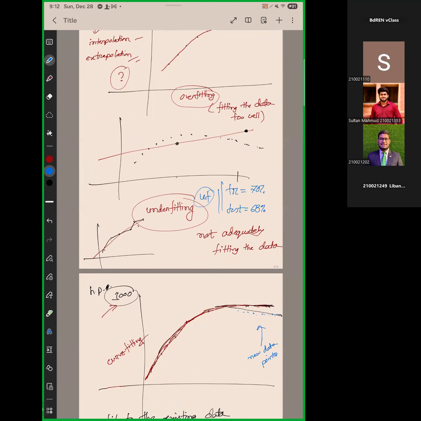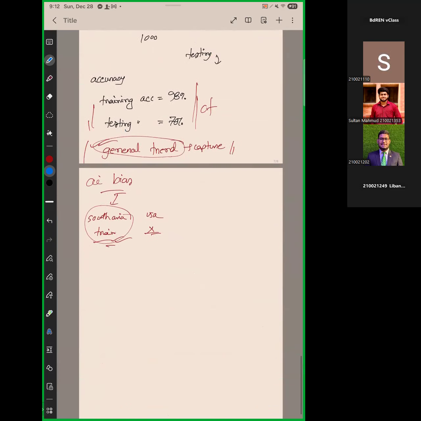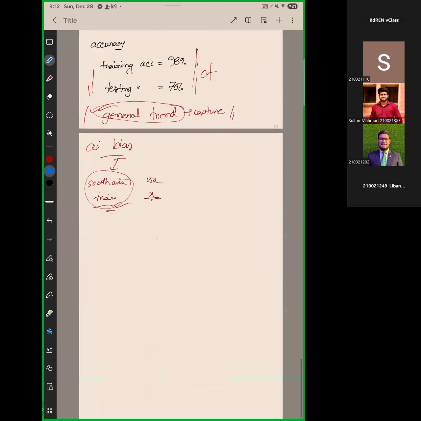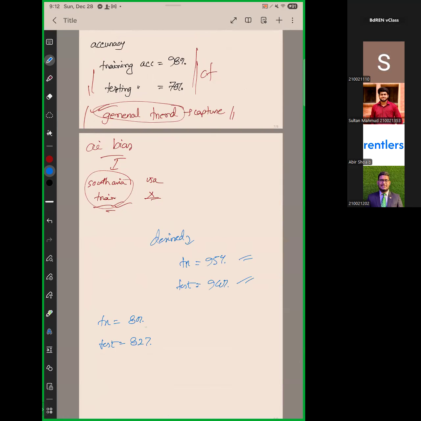Okay. So the desired performance is like this: training is 95%, testing is 94%. This is desired. Let's say training is 80%, testing is 82%. Is it desired? Yes, sir, it is also desired.